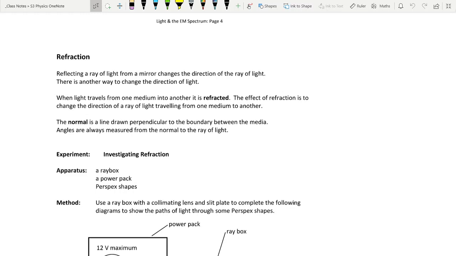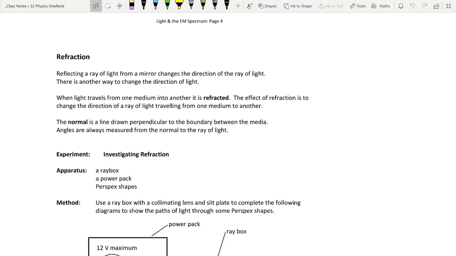You might already know a little about this from rainbows: because white light refracts and bends slightly, each colour bends slightly differently to another colour. So you end up with this rainbow, with the lights getting separated out. So that is refraction, the bending of light when it goes from one medium to another.